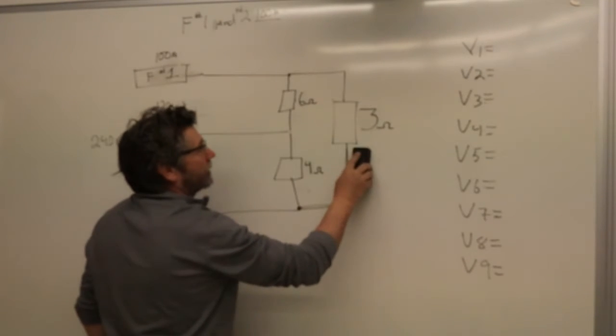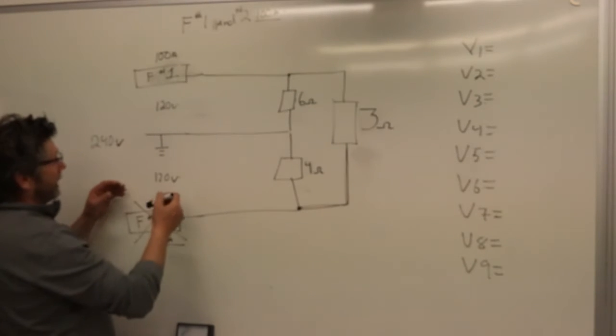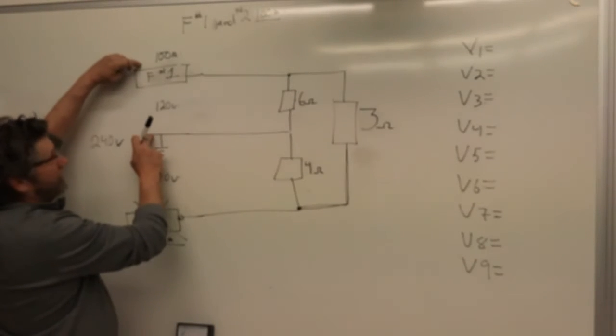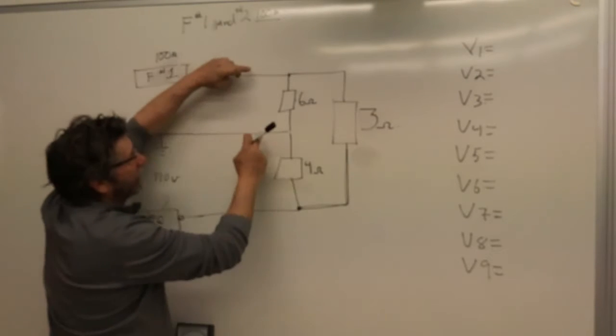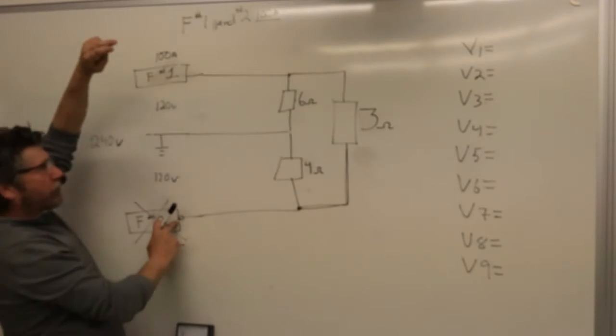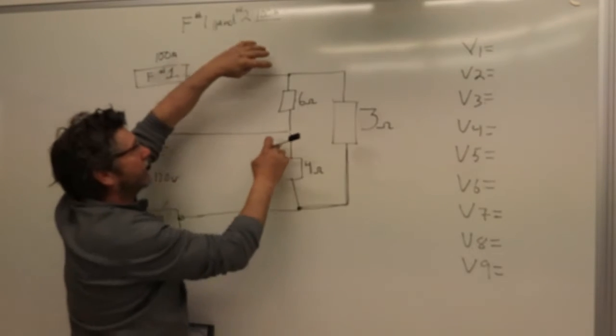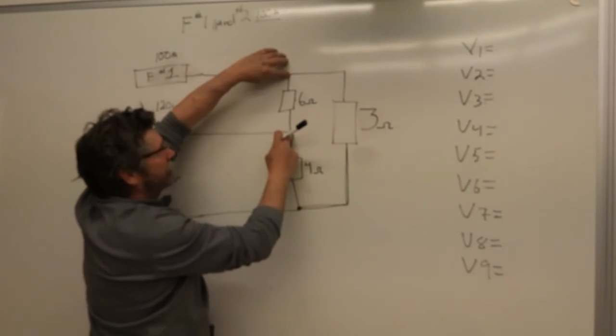Now it's gone. Just like in the last one, I've got 120 volts here, and nothing changes in the 6. We had 120 volts before fuse 2 blew, and we still have 120 volts after. But here's where it changes.